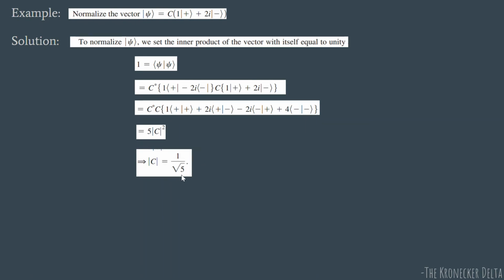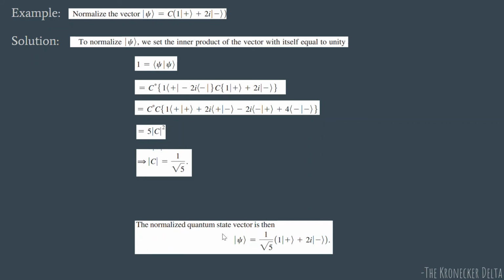So we kept it real, no iota here, and we don't need the negative sign, because positive does the job. When we have the option, we'll always go with real and positive. That's a convention. So we take the norm of C to be 1 by root 5. That's the normalization constant. So the normalized quantum state vector is 1 by root 5 times this given state, right? Okay, so this video ends here.